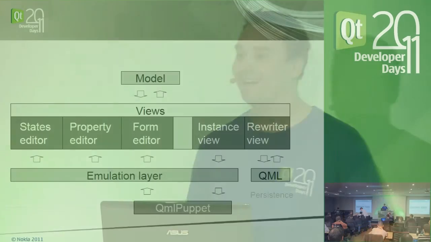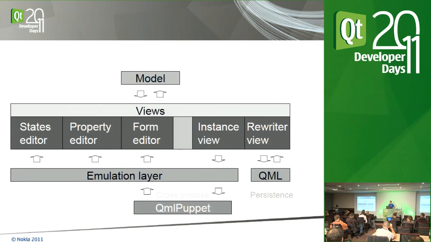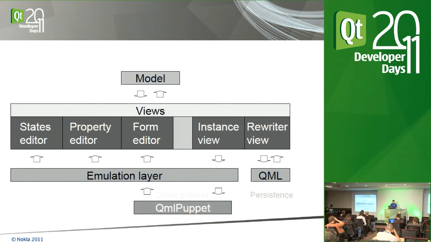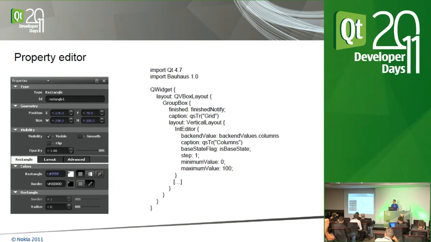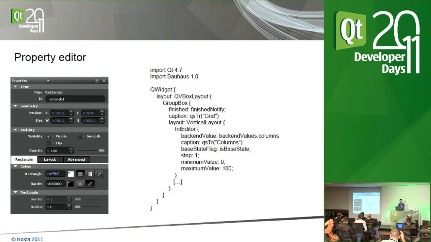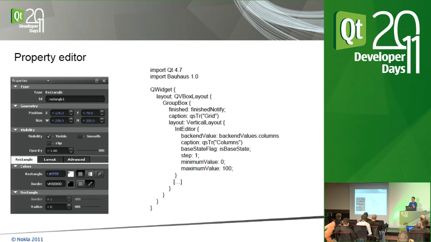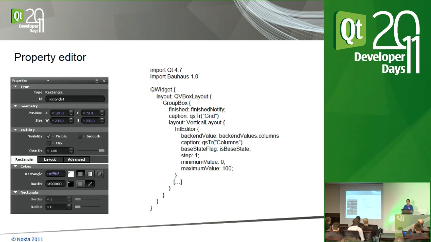Just a little question. The code you have shown before from the property editor, can you show it again, please? Of course. I see here this group box and layer stuff you know from normal Qt widgets. And on the screenshot you see these collapsible groups of settings. So where does this collapsing functionality come from? This is not a normal group box. That's true.